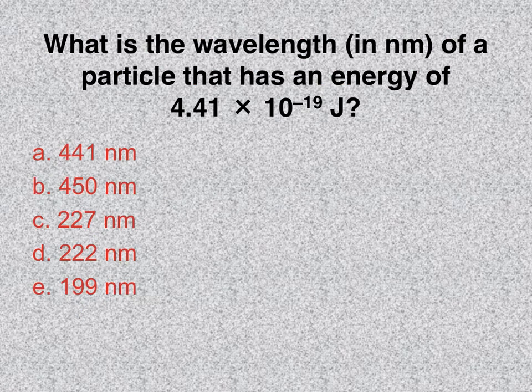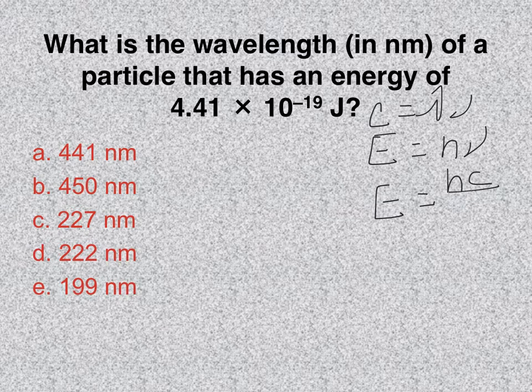Here's a typical sample problem. You can either treat it as a two-step calculation using each of those equations. Let me just write them again here. Or if you happen to want to try to use the combined equation, you can do that also. Let's go ahead and see what you get. Pay attention to what they're asking.